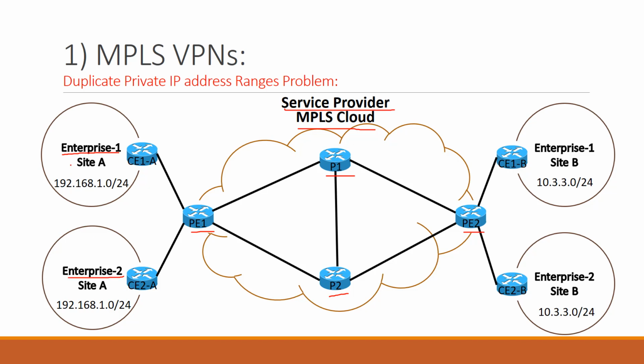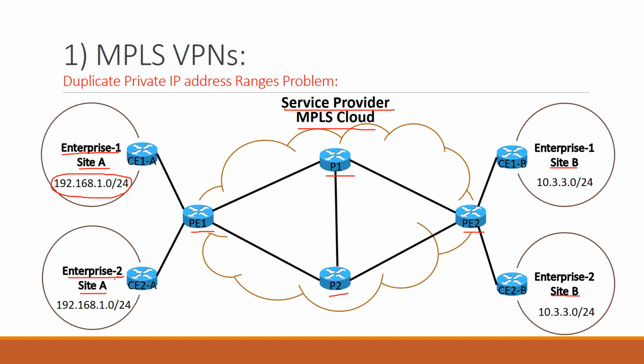Each has two sites. For enterprise 1, it has site A and site B. And for enterprise 2, we have site A and site B. Enterprise 1 site A uses a private IPv4 prefix 192.168.1.0/24.